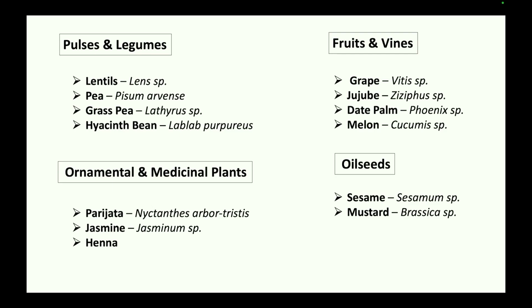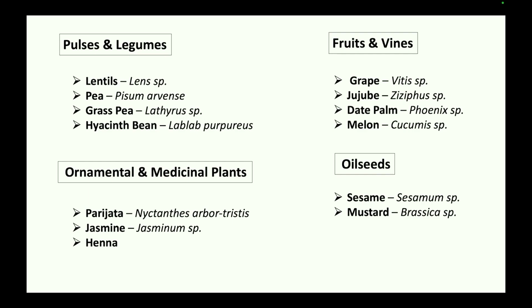In the next category, which is fruits and vines, it is grapes, jujube, date palm, and melon, and their different species have been cultivated by the Harappans.